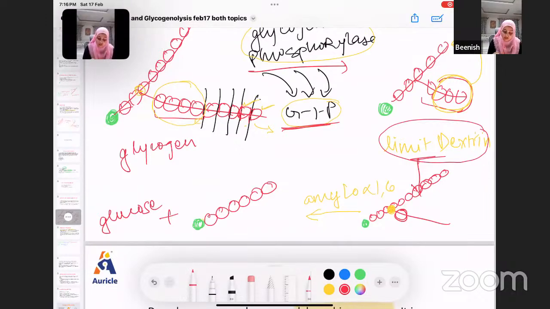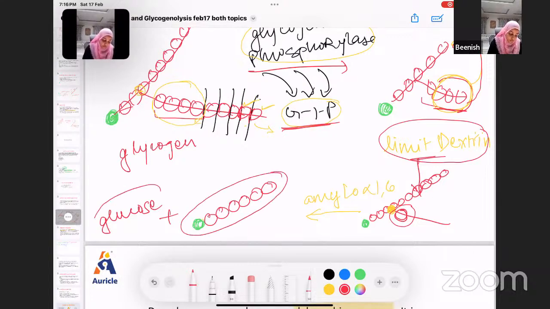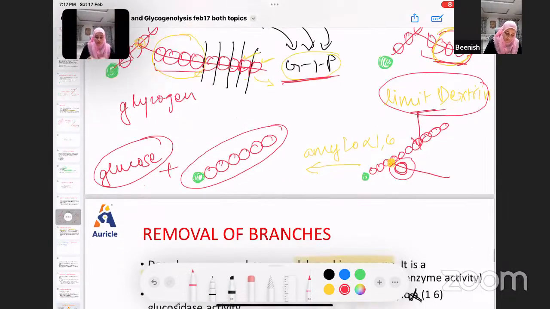The first activity is that it transfers a trisaccharide unit and relocates it to the other end of the glycogen. Now you are left with just glucose and the branch point. This branch point is removed by amylo alpha 1,6 glucosidase, and then you end up with free glucose. So majorly glycogen phosphorylase is acting, so the majority is glucose 1-phosphate, and you're getting a minor amount of glucose.